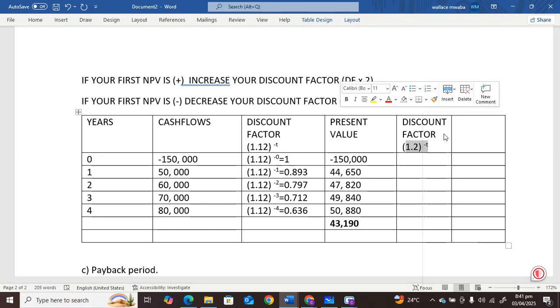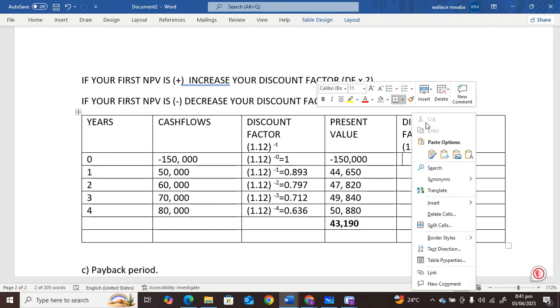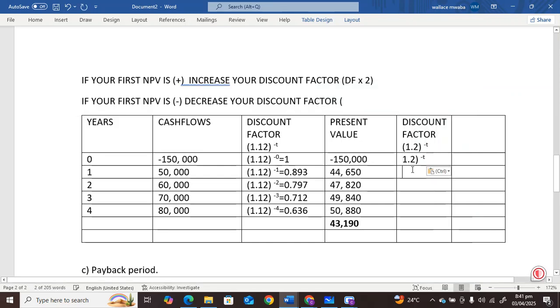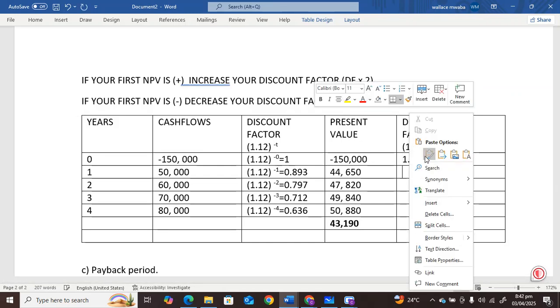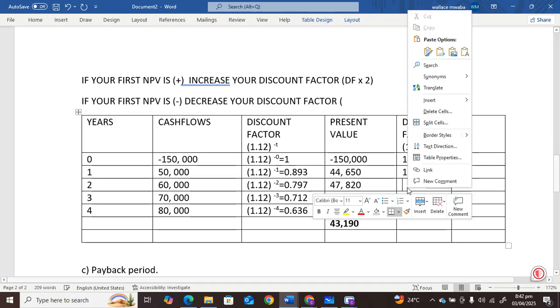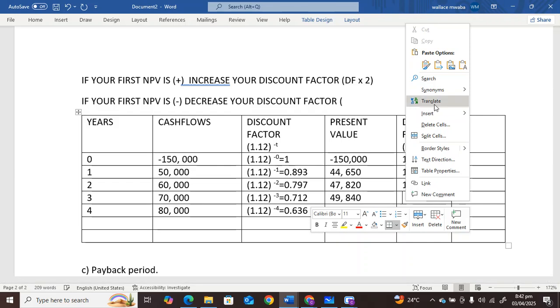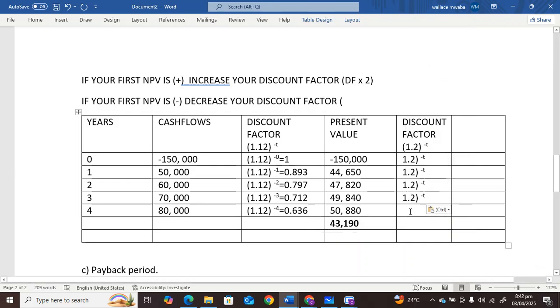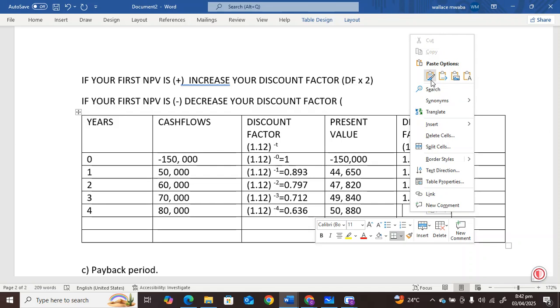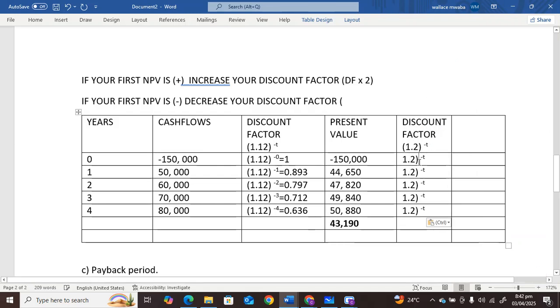In year 0, our discount factor will always be 1, so it's 1.2 to the power negative 0.